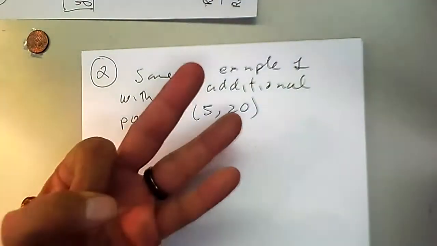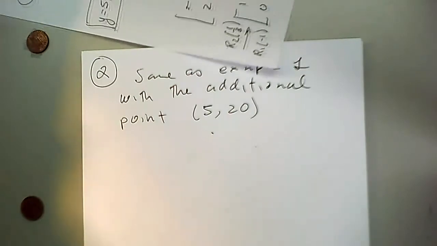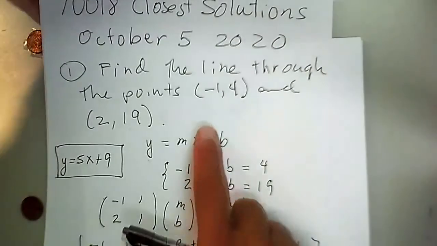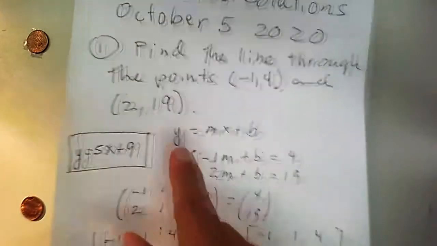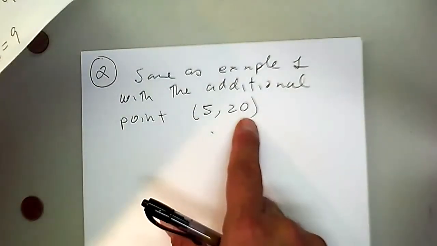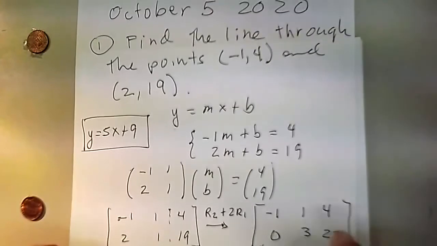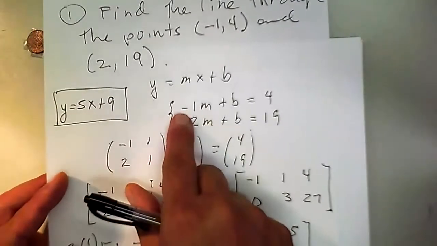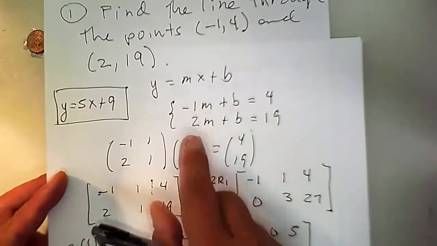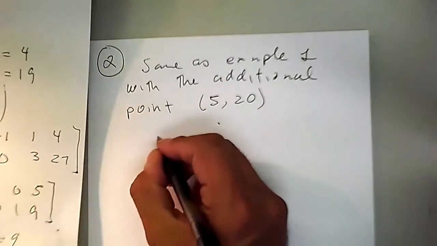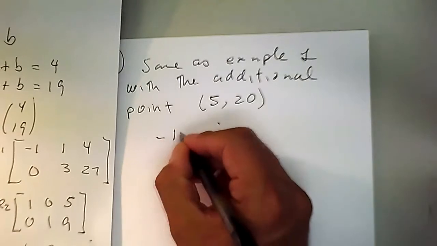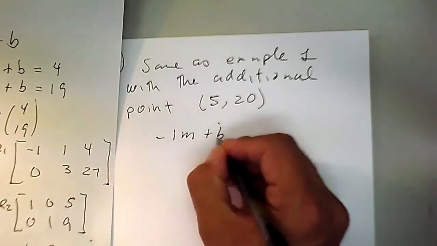So now we have 3 points: -1, 4, 2, 19, and 5, 20. So now we have a system of equations just like that with an additional equation. So we're going to have -1m plus b equals 4.